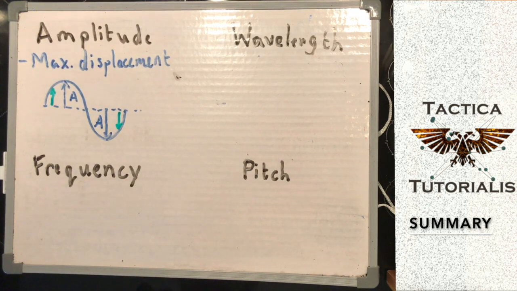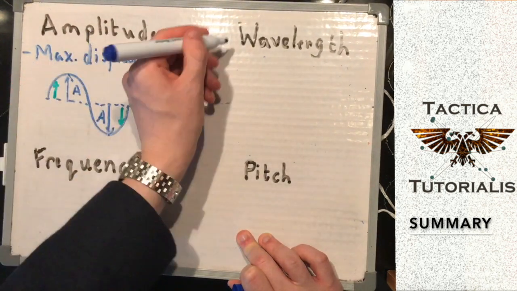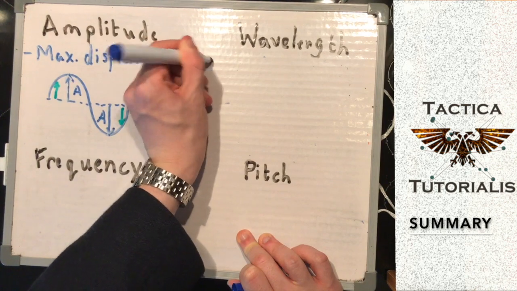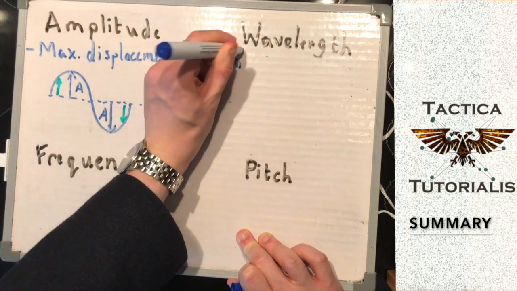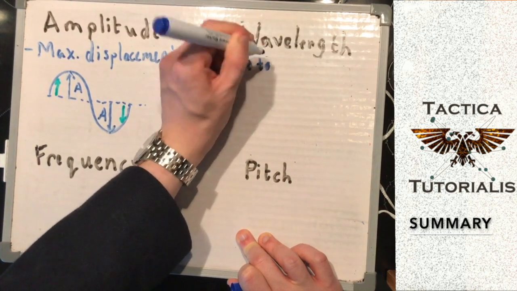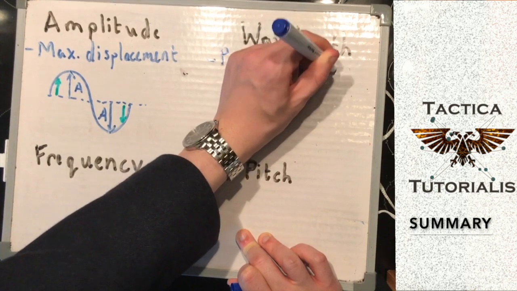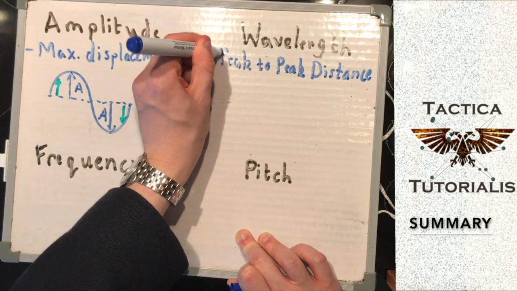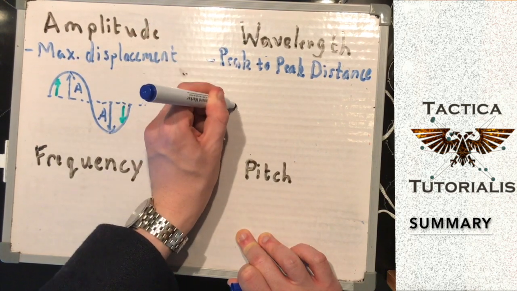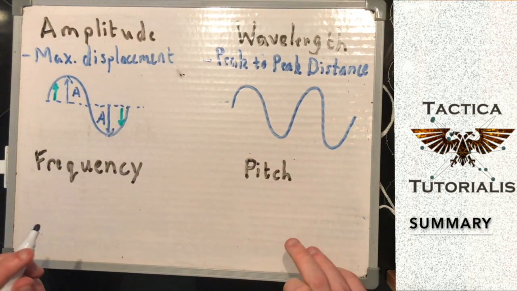Speaking of peaks, let's talk about the wavelength. So the definition that we often give for wavelength is the peak to peak distance. So if you have a waveform that looks something like this, that is a terrible waveform.